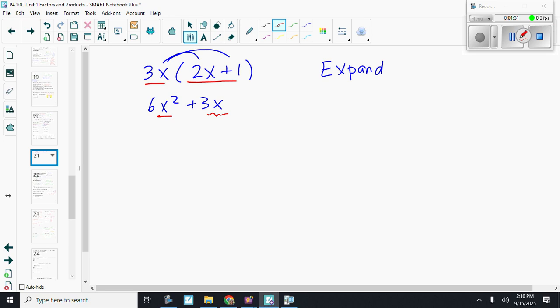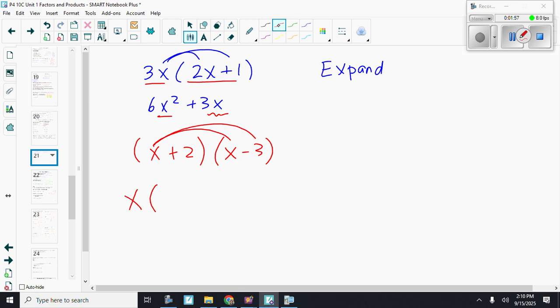Then we took a look at what we call binomial distribution. That's just a fancy word for looking like this, where we have two binomials and we're multiplying them. Remember, when we have brackets like this, there's a multiplication in between them. We learned that everybody gets a turn.